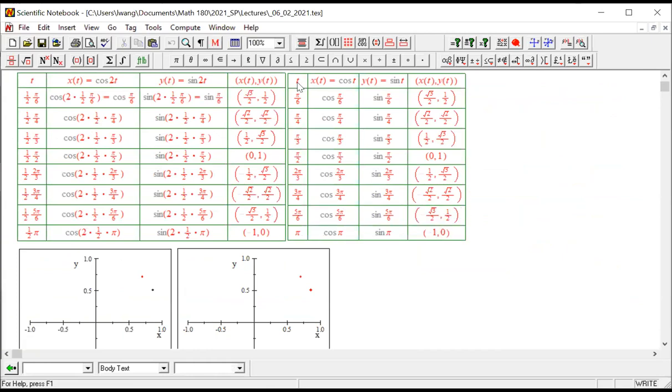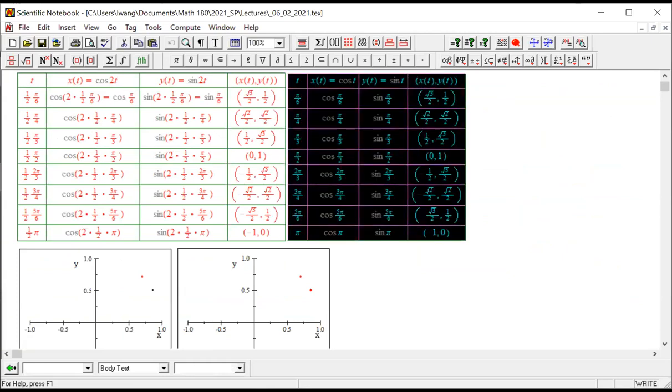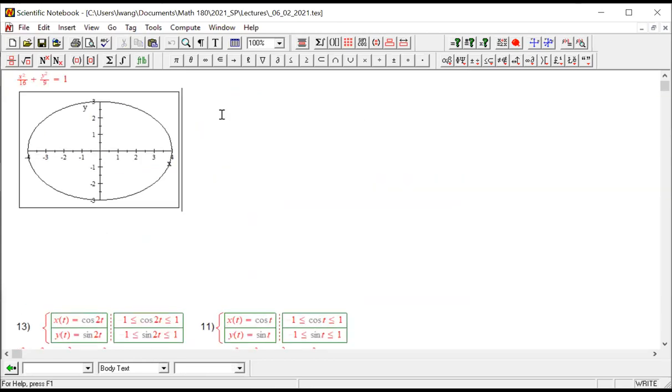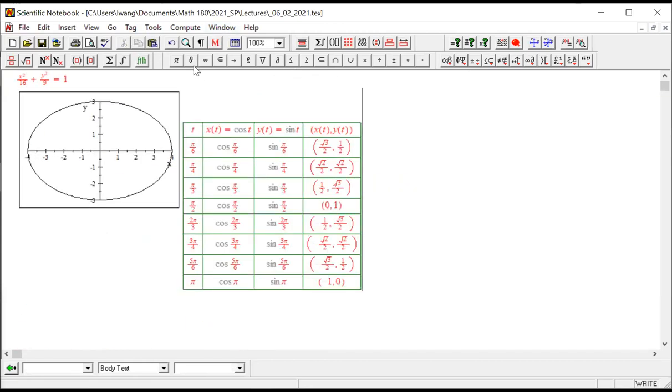Okay, so I'm going to give you these points. It's just a bit more calculation. I will modify this to your need.